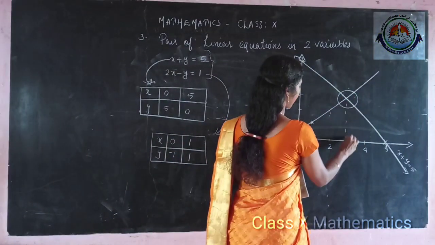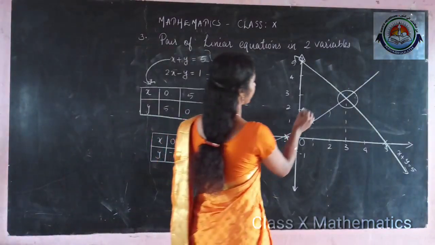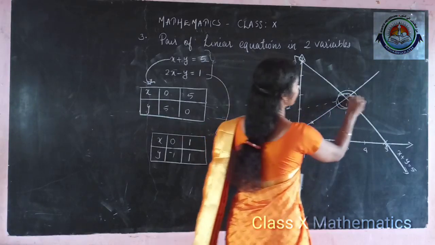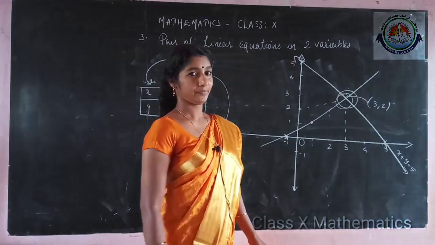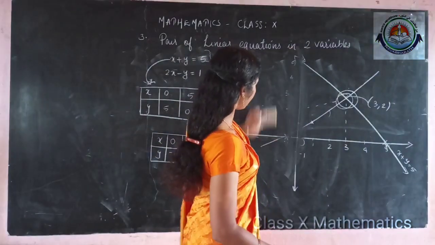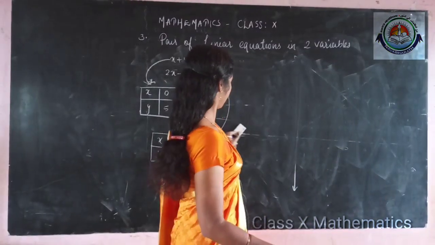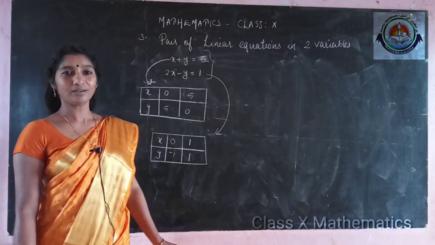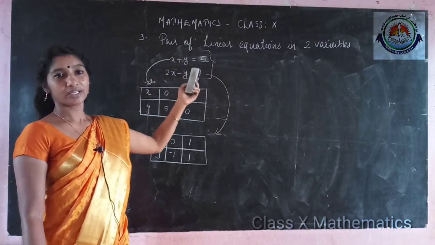Which point is that? x equal to 3 and y equal to 2, as we can see correctly from the graph. So x equal to 3 and y equal to 2 is the common solution to both equations of the pair. Like this we solve a pair of linear equations using a graph.